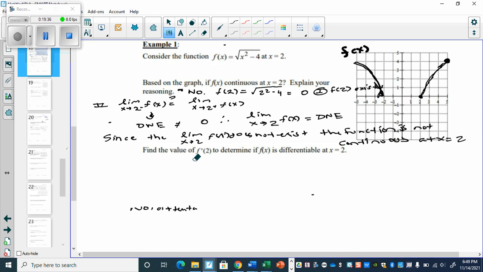But let's find the derivative. So that's d/dx, and I'm going to write this as an exponential.